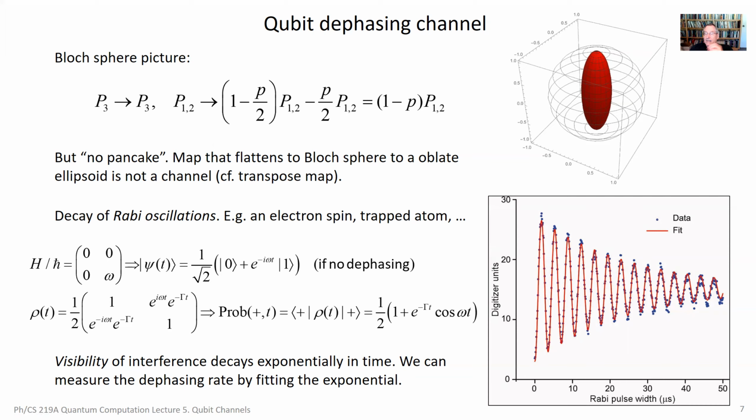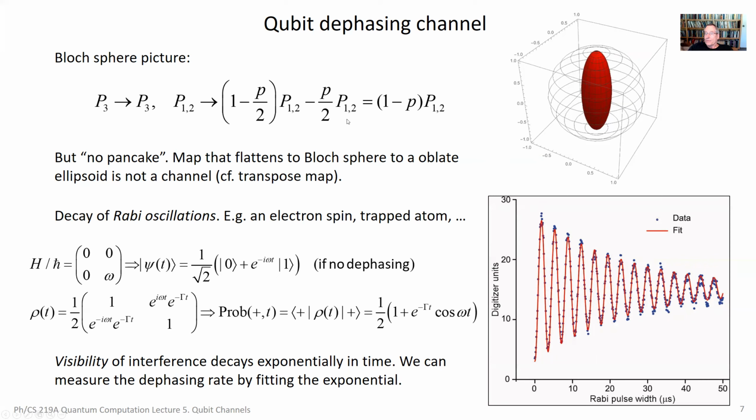But x anti-commutes with z, and y anti-commutes with z. So in other words, zxz is equal to minus x. zyz is equal to minus y. So if I ask what happens to the other components of the polarization, the x and y components, again, with probability 1 minus p over 2, nothing happens.